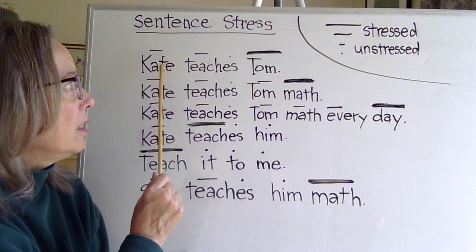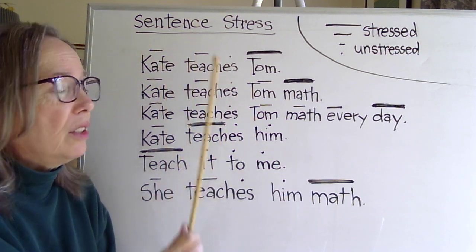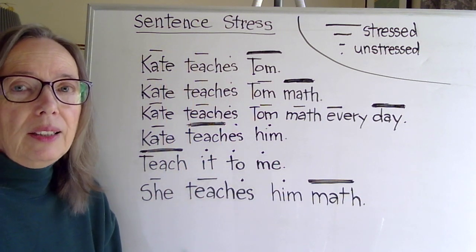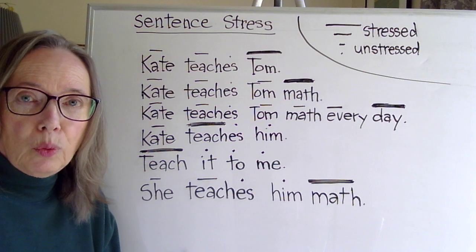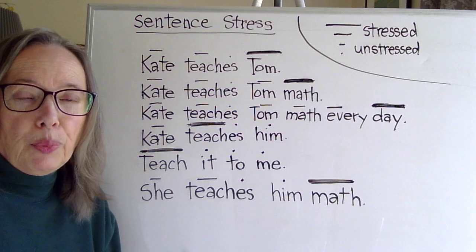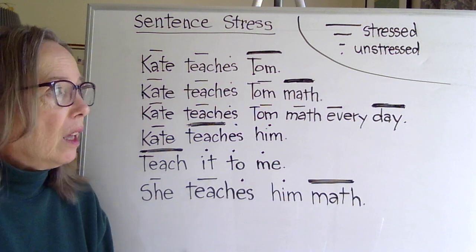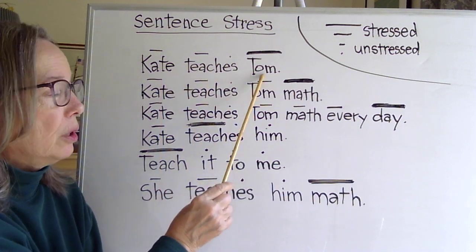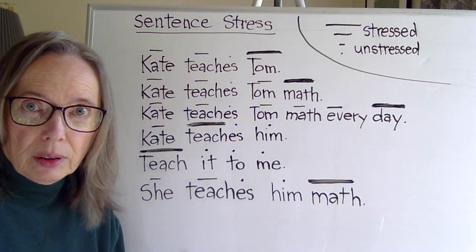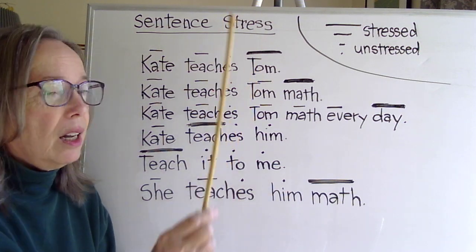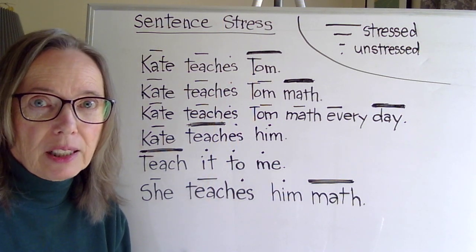Now, in a sentence that has stressed words, the last stressed word will get the primary or maximum stress. So since all of these words are stressed words, then Tom is going to get the maximum stress.